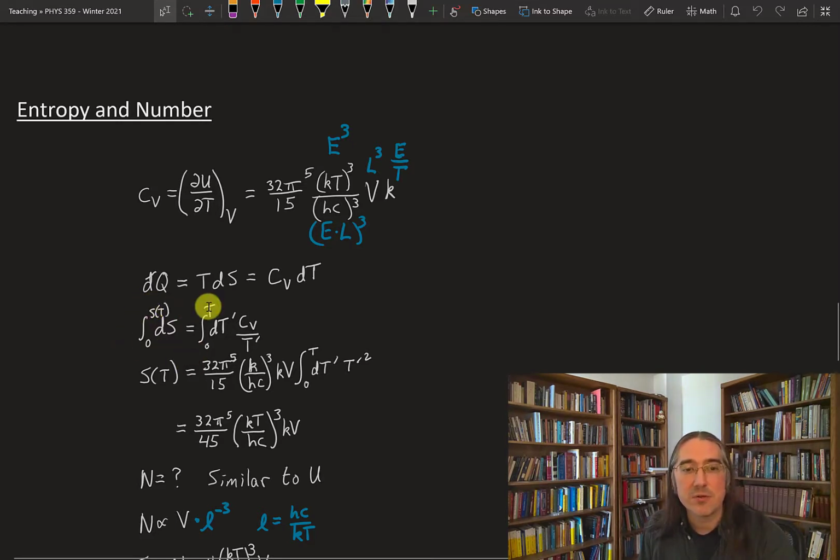This integral works if this side is integrating from 0 to T, so I'm integrating along the same physical path. I start at 0 temperature and I warm up to T. As I integrate along that path, the entropy goes from 0 to whatever its value is at T. So this integral just gives me S of T.